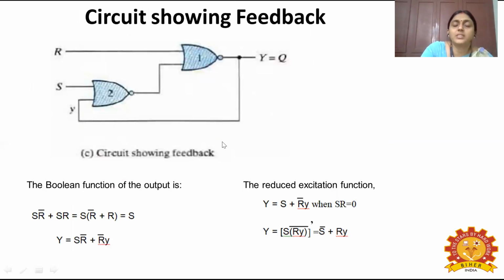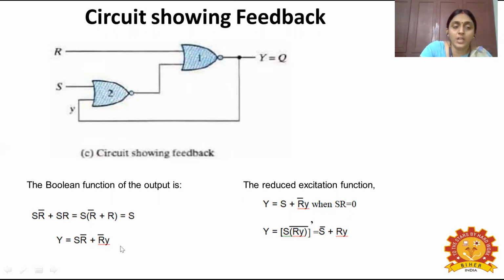And now we will see the circuit showing the feedback. This diagram C denotes the circuit showing the feedback, where the output Y is given as the input, which forms the feedback in the SR latch.